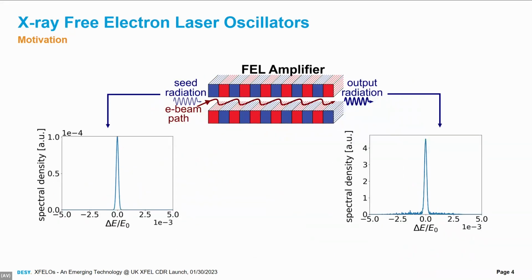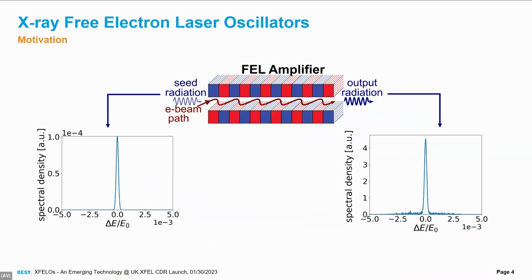A way to get rid of this is to use an external seed, either seeding the electron beam directly at the fundamental harmonic or the high harmonic, as we just heard. And then this imprints this very high coherence, this very defined longitudinal state, on the outcoming radiation.